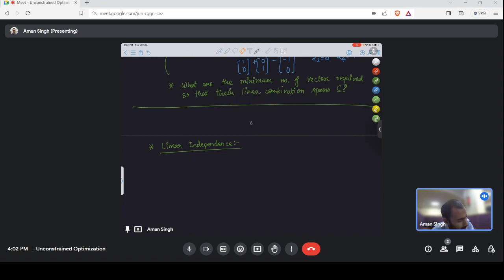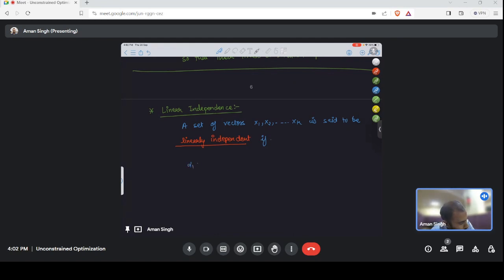So what is linear independence? A set of vectors x1, x2, xk is said to be linearly independent if alpha 1 x1 plus alpha 2 x2 plus up to alpha k xk equal to 0, if the solution to this equation implies alpha i equal to 0 for all i.